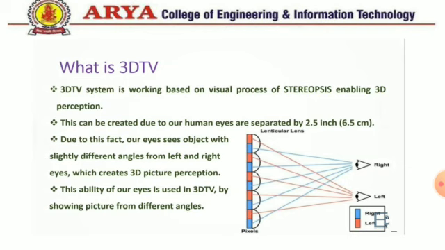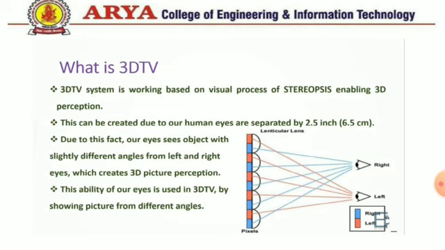For example, if I talk about the top pixel, the right eye views this pixel at one angle, and the other eye views the same pixel at another angle. Because the angle is different, it can create 3D perception.